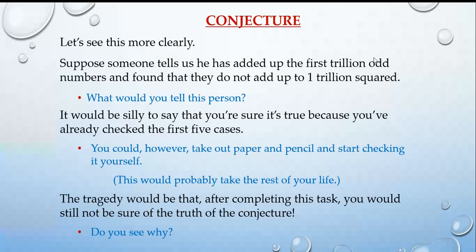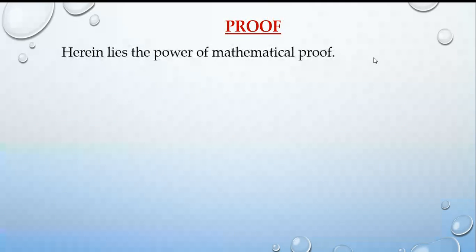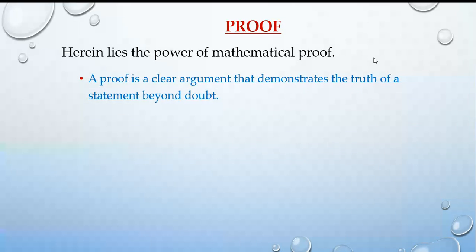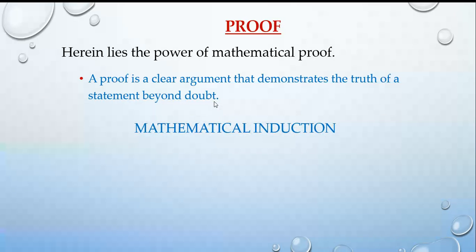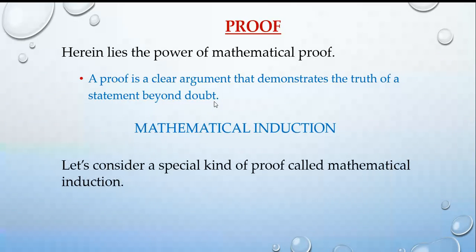To prove this, we use proof. Here, in this step, we realize the power of mathematical proof: if we can prove this mathematically, then we can say that yes, the sum of the first n odd natural numbers is n squared. After the proof, you can say it is an argument that demonstrates the truth of the statement beyond doubt. The method is mathematical induction.